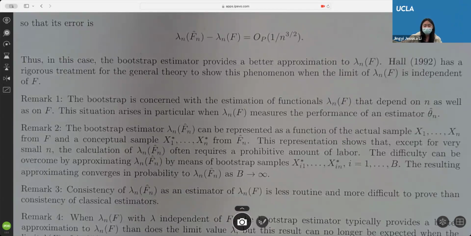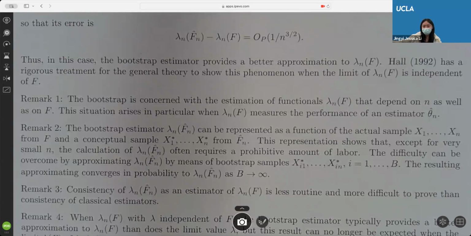This representation shows that, except for very small n, the calculation of lambda_n(F_n-hat) often requires a prohibitive amount of labor, the enumeration of all the possible samples with replacement. The difficulty can be overcome by approximating lambda_n(F_n-hat) by means of Bootstrap samples X_i1 star to X_in star, i goes from 1 to B. The resulting approximation converges in probability to lambda_n(F_n-hat) as B goes to infinity.